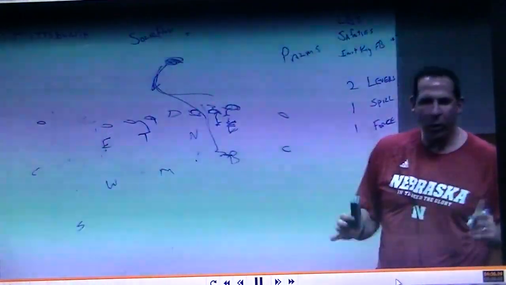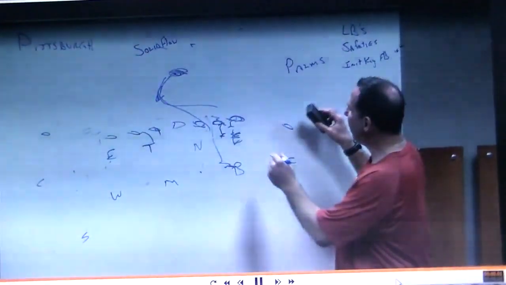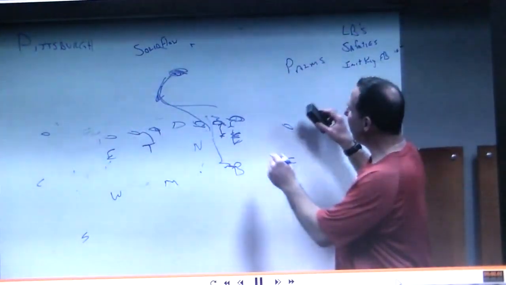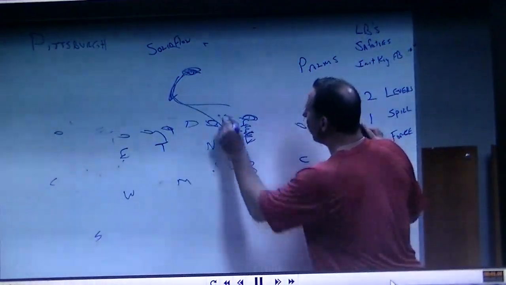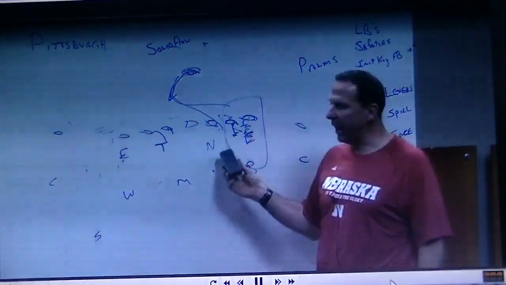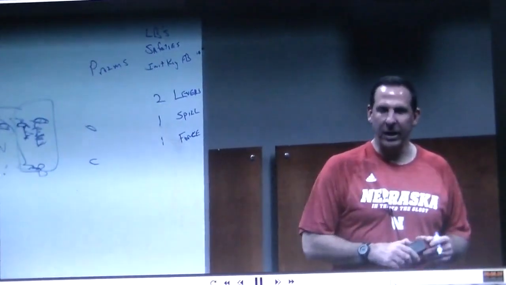You might luck out and fall into a play, but what's happening here with your keys is telling you all you need to know to have success within the defense.